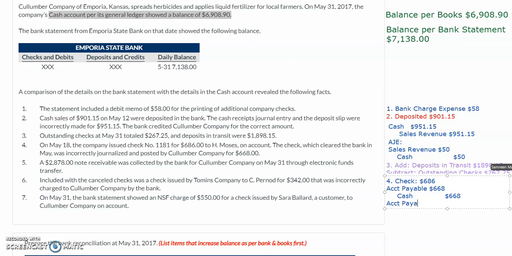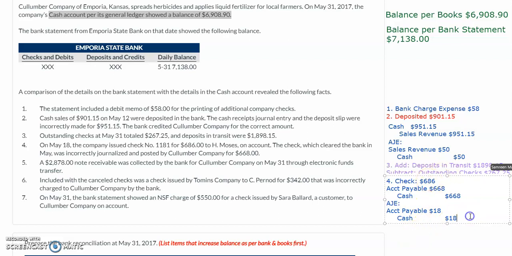So we need to reduce our accounts payable by an additional, and this is where you need to take the dollar difference. Okay, so 686 minus 668, and you can see this was a transposition error, a $18 difference. So we're going to have an adjusting journal entry to record the correct amount that was being deducted.